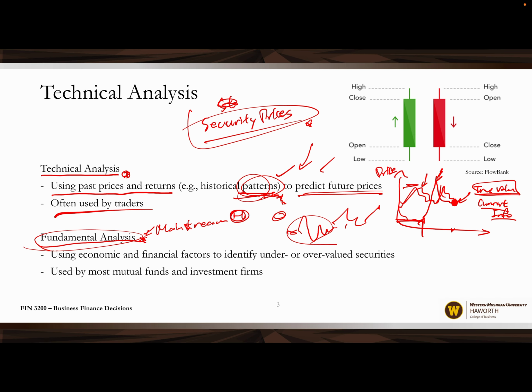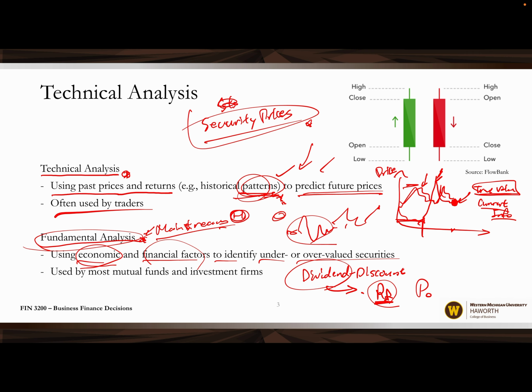Basically they're using economic and financial factors like we did to identify under or overvalued securities. So these would be things like, we talked about the dividend discount model, right? So based on how much dividends they're expected to pay, and based on economic data such as the risk-free rate, we try to come up with the fair price of a security.